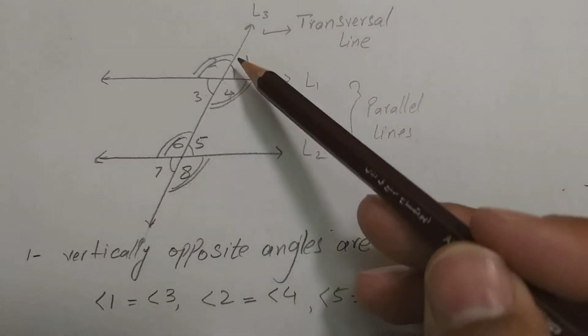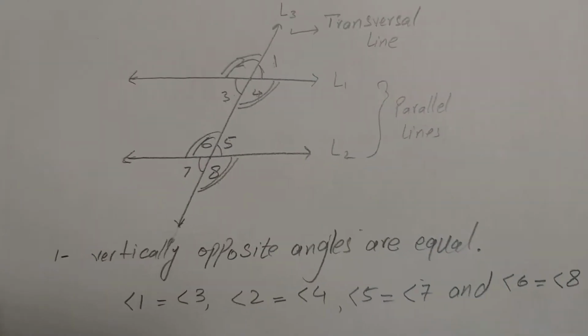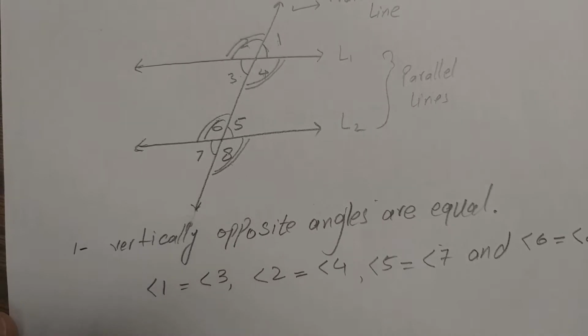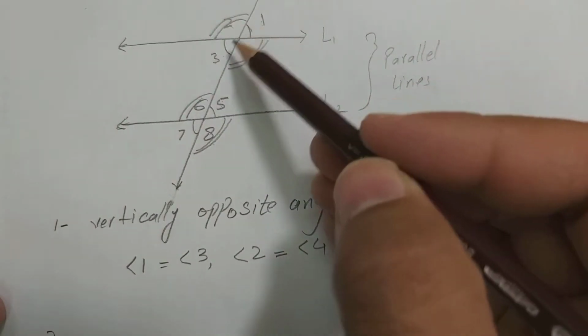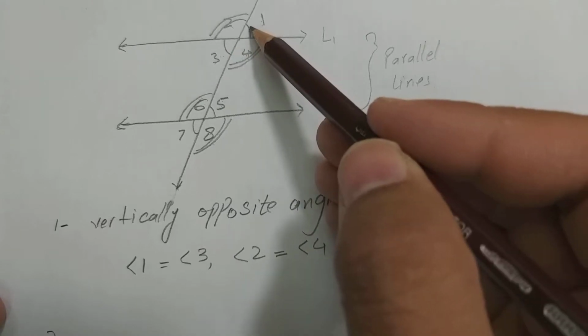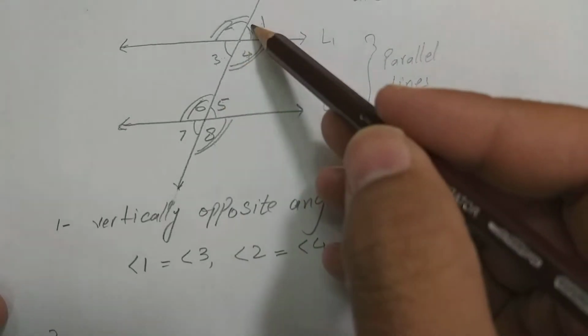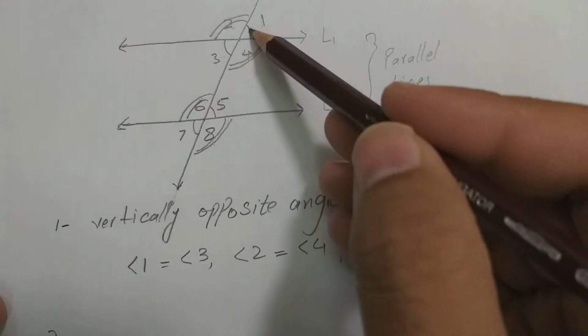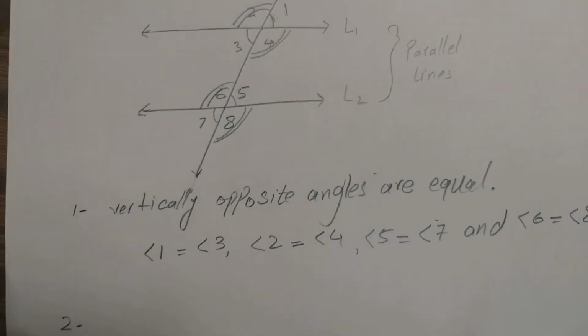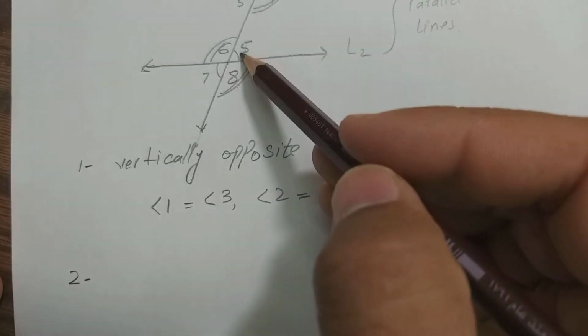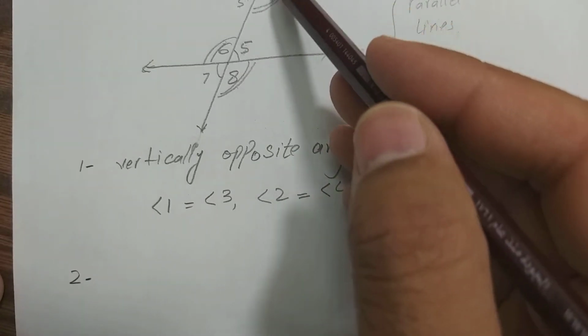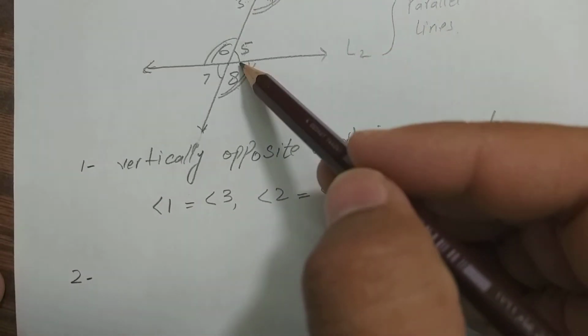But let's find out what their names are. We observe that 1 and 3 are vertically opposite, but 1 and 5 are also equal. These two angles are corresponding angles because they are on the same side.